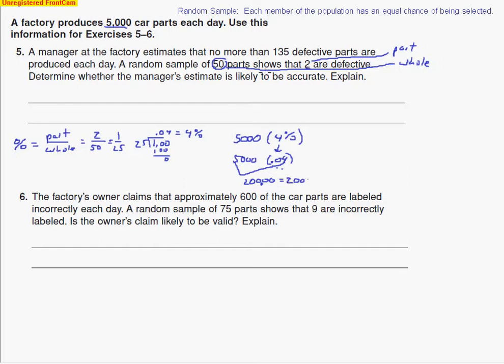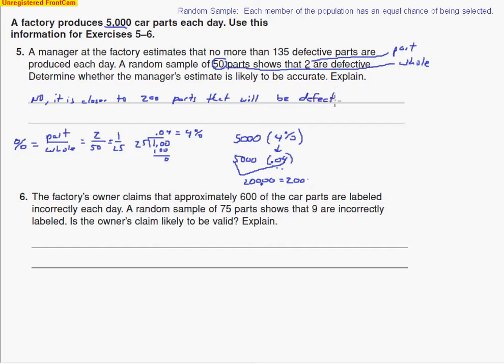And so he says that there's 135 parts. I would say no. It is closer to 200 parts that will be defective.